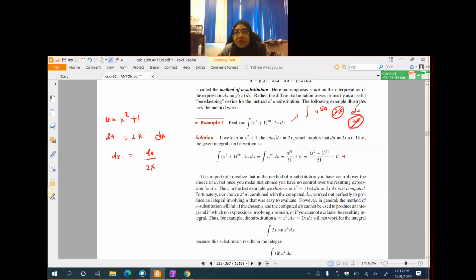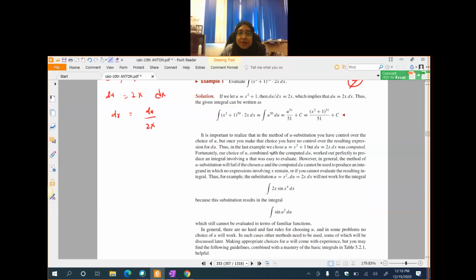You want only the u, the new function in terms of u, to exist under the integration sign without the original variable x. Okay, if the x is still there, you cannot cancel it out, then it means that your substitution method failed. You have to try another method.